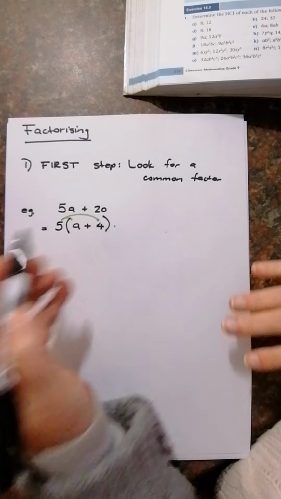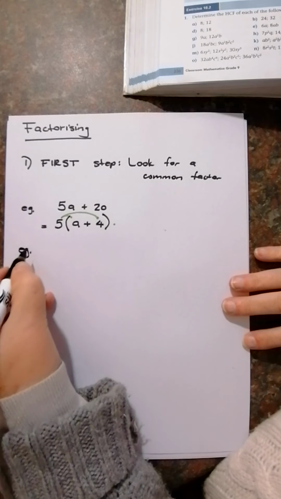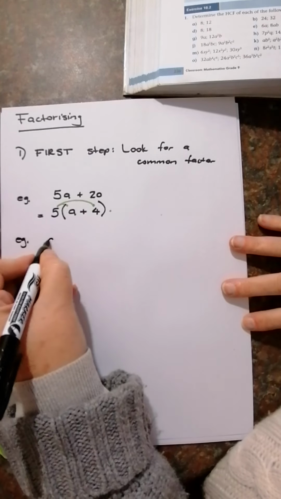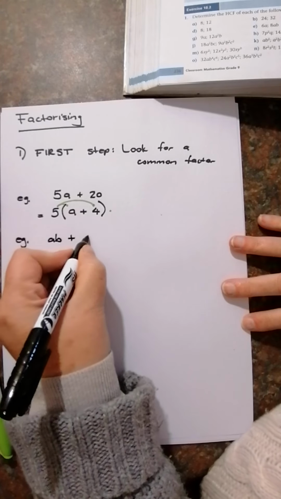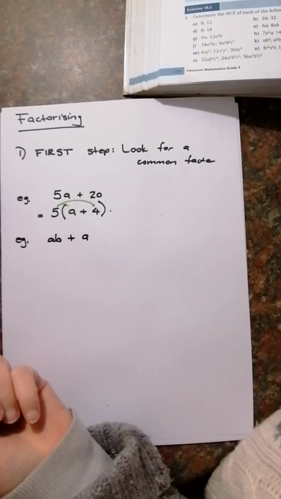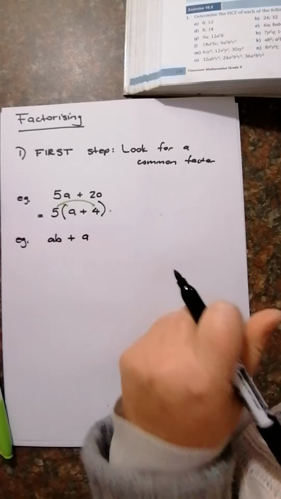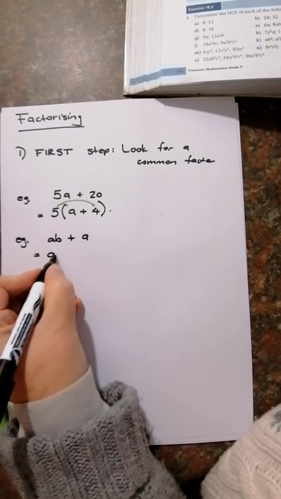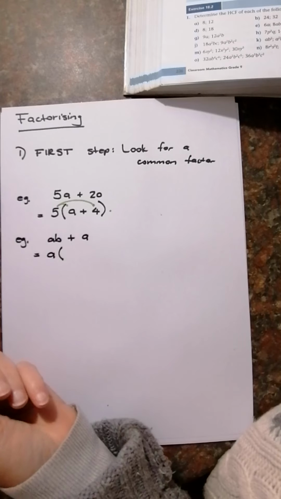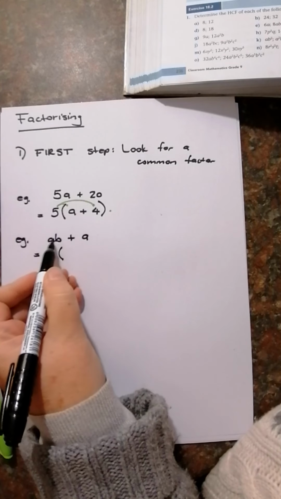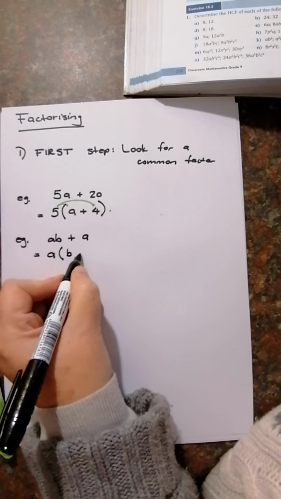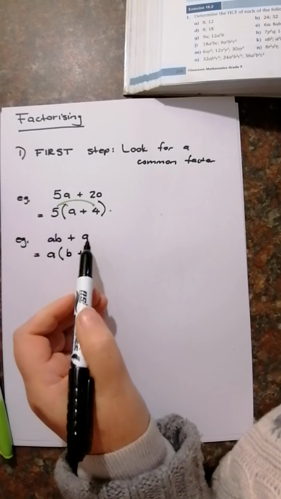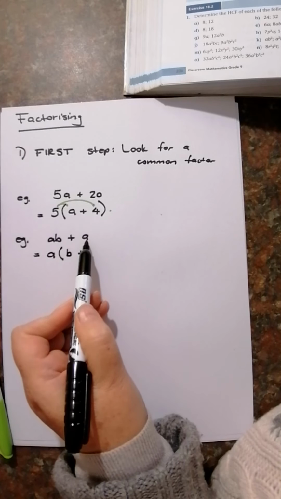Right, so let's try another example. AB plus A. What is common to both AB and A? The only thing that's common is A. Put a bracket. What am I left with here if I divide by A? I'm left with the B, plus. What am I left with here if I divide by an A?